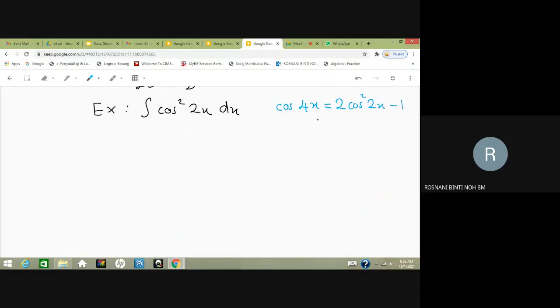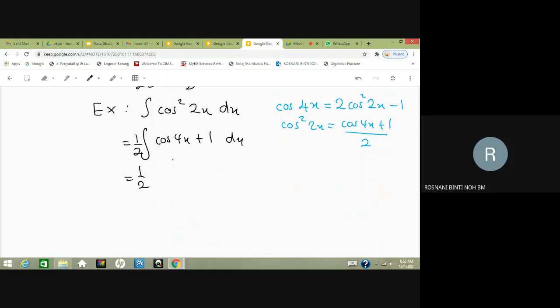By rearranging this one, cos squared 2x is equal to cos 4x plus 1 divided by 2. So replace cos squared 2x by this formula: cos 4x plus 1 all over 2. Or I write 1 over 2 here.